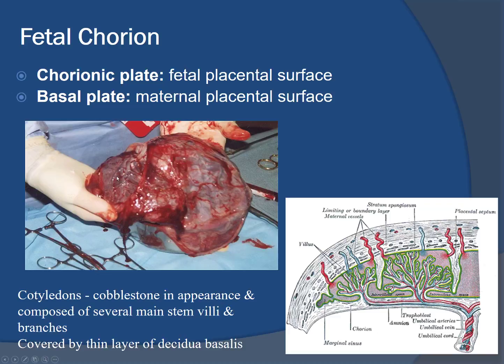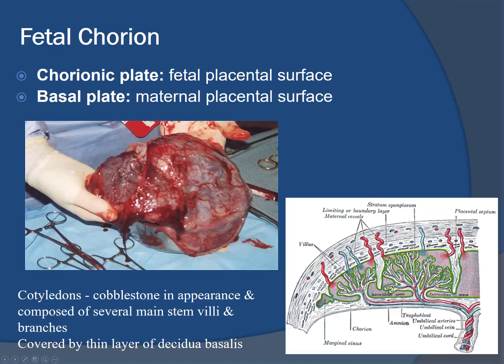The maternal surface of the placenta, or the basal plate, is divided into cotyledons. Cotyledons have the appearance of cobblestones, and they are composed of several main stem villi and branches. When the villi branch, they are called primary villi, chorionic villi, and secondary chorionic villi.